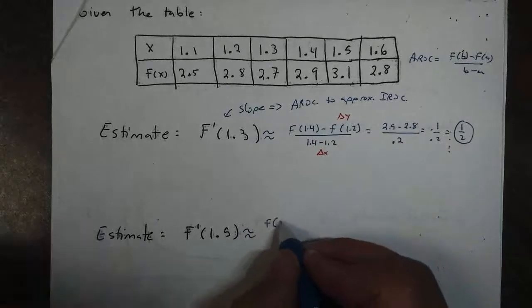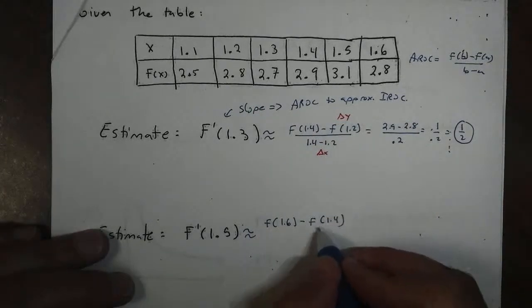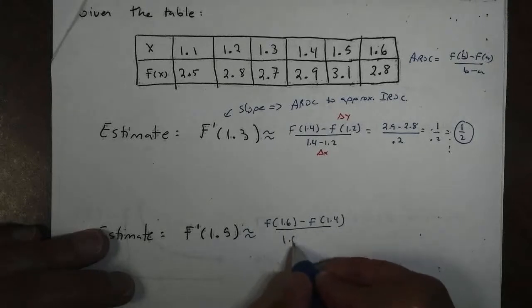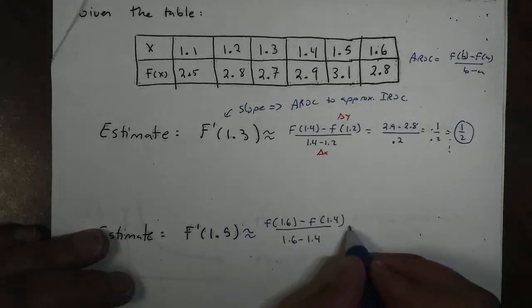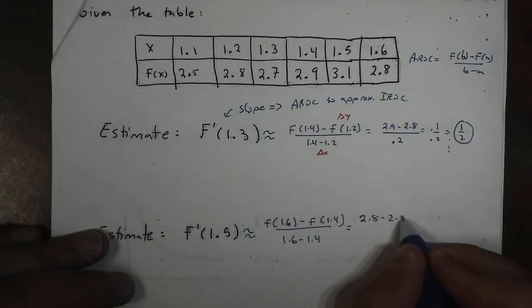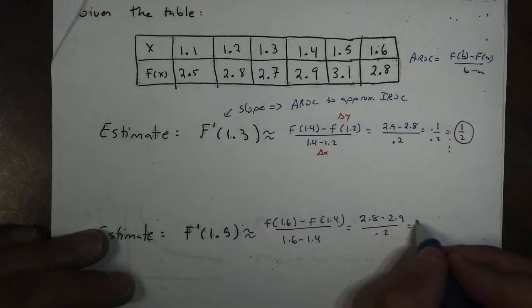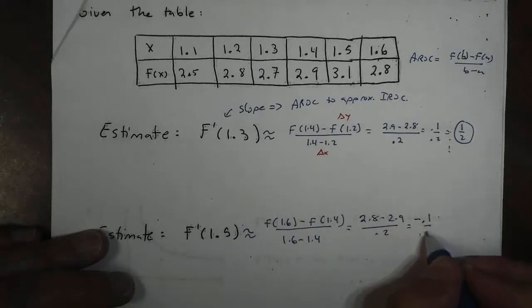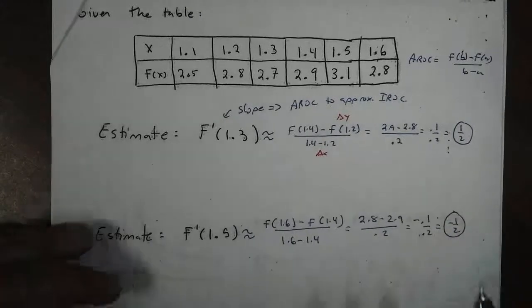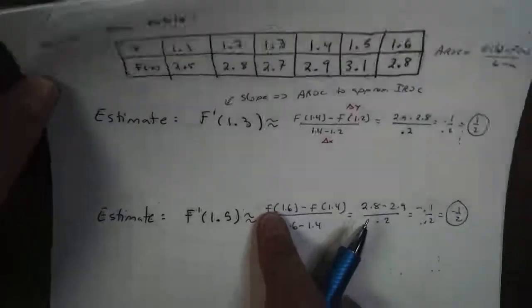So we're going to get f of 1.6 minus f of 1.4 over 1.6 minus 1.4. And again, looking at the values, this is 2.8 minus 2.9 over 0.2. And that becomes negative 0.1 over 0.2, or negative 1/2. Very quick and easy. Remember, this is our average rate of change.